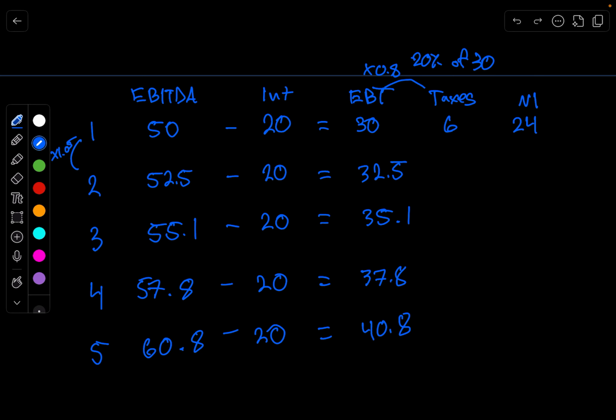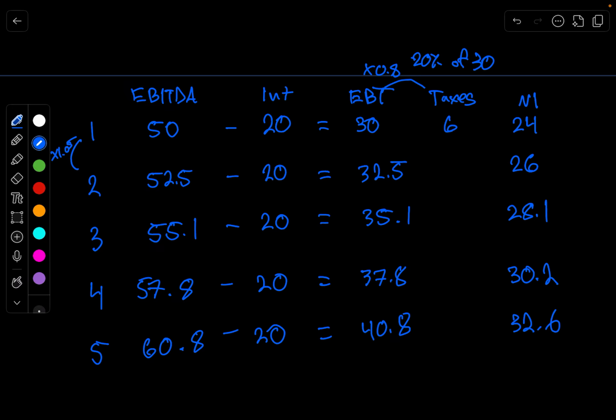This is a relatively redundant comment; I just made it clear for you guys in terms of the calculation. So you can jump straight from our earnings before taxes to our net income. So we get 26, we get 28.1, we get 30.2, and lastly, we get 32.6, right?